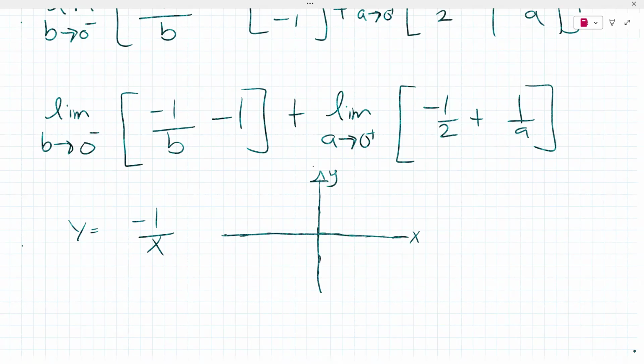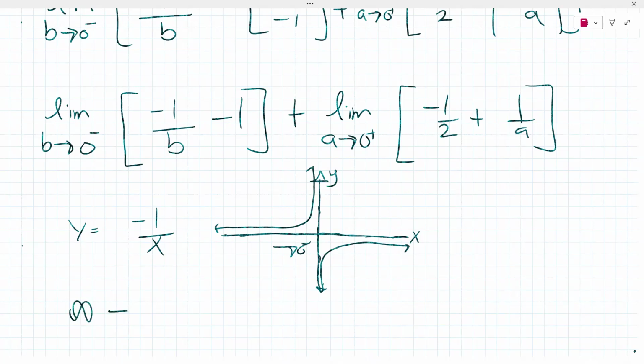It looks something like this. So when you plug in, what is it? Infinity. As you go to 0 from the right, the y value shoots up to positive infinity.